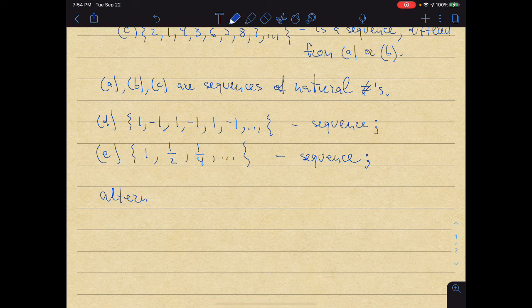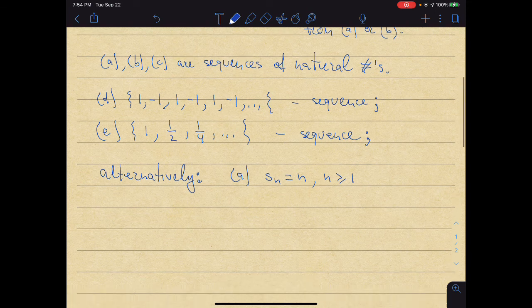I can do this. So in the case A, I can say that I have a sequence Sn equal to n, where n is greater or equal than 1, right?